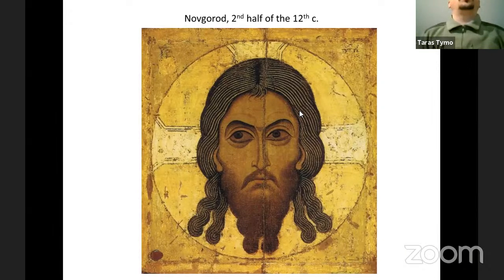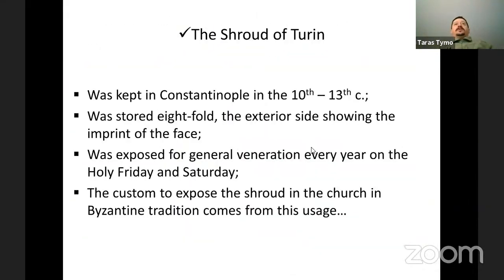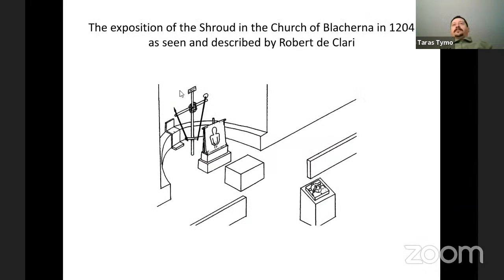There is a question here: is that drawing from Blachernae by a Crusader knight? This slide is not. There is a literary description by this knight called Robert de Clari, who was one of the knights who took over Constantinople.